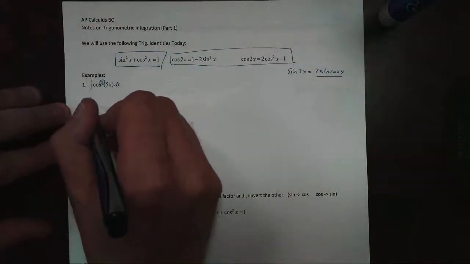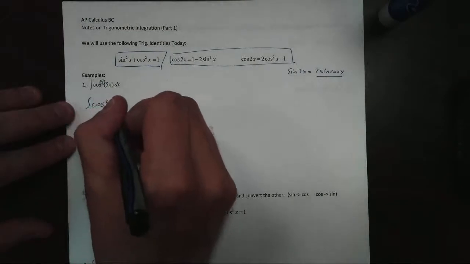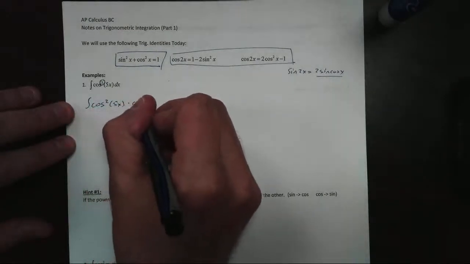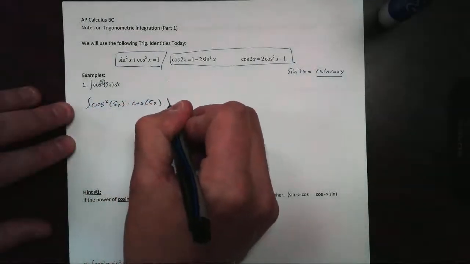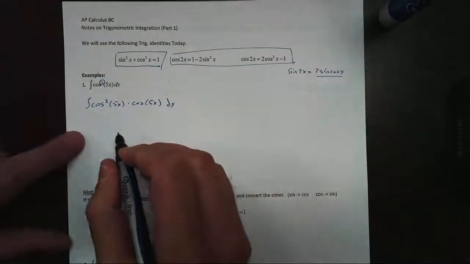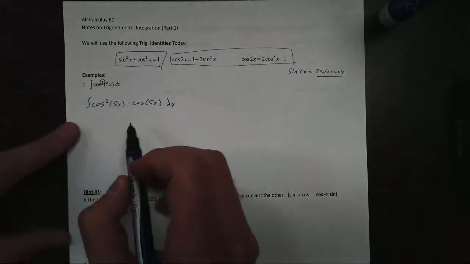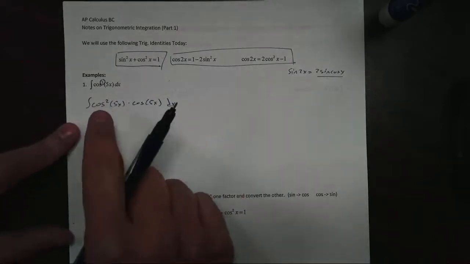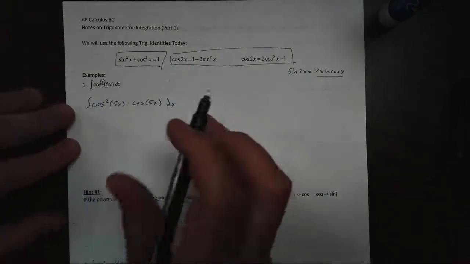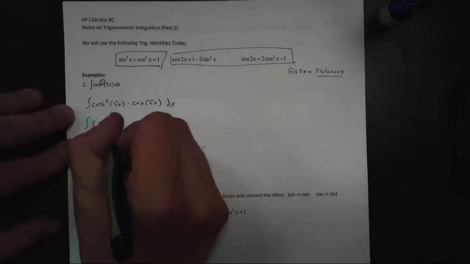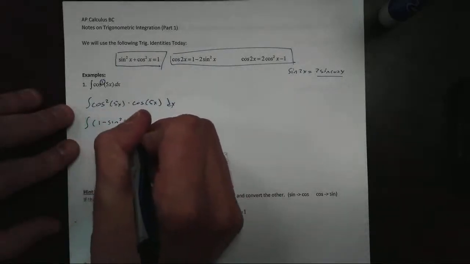I can make that an even power. I can go cosine squared of 5x times the cosine of 5x. Don't forget the dx. Now, you may be thinking, Mr. Wernow, why would you ever do something like this? Very simple. Because I can rewrite cosine squared of 5x as 1 minus sine squared of 5x.